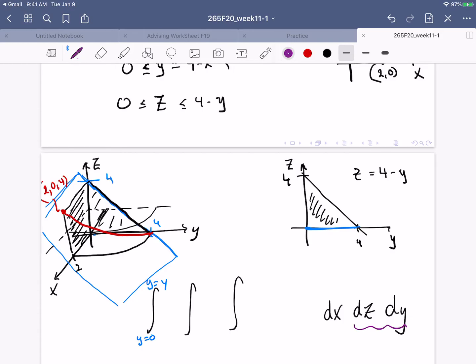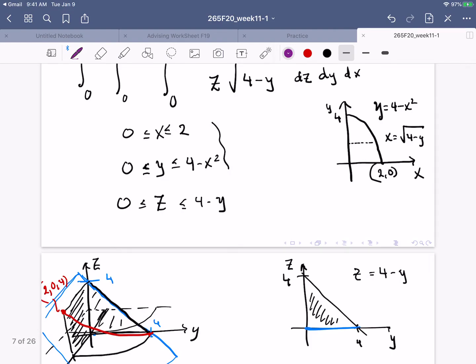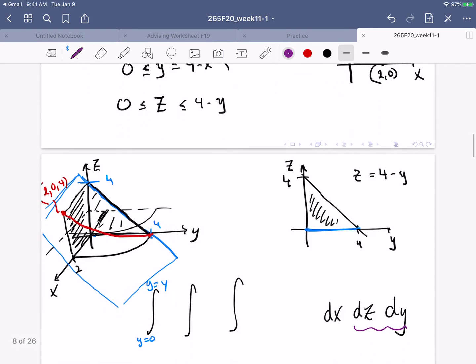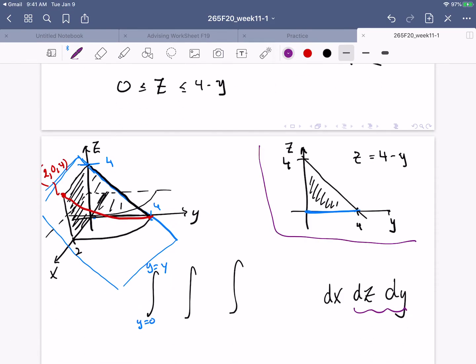And if I consider the yz plane, which I already have right here, I can write z as a function of y because I know I'm still going to integrate with respect to y. So I can think of z going from 0 to 4 minus y.